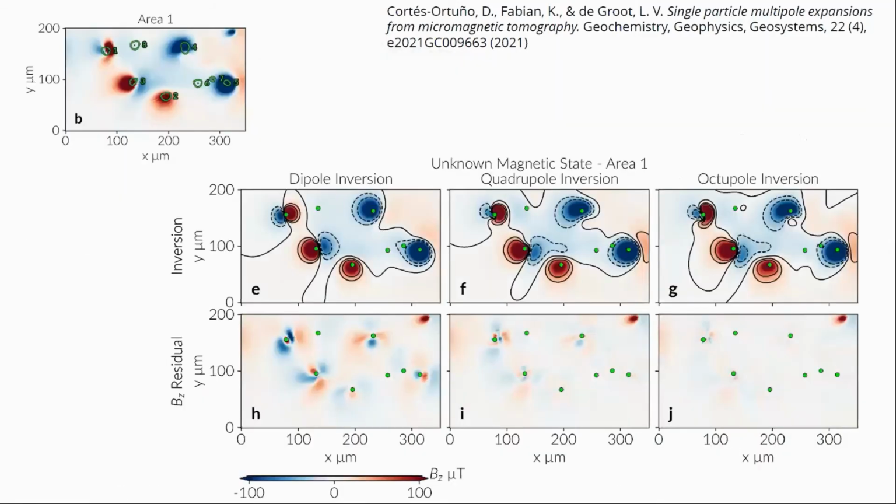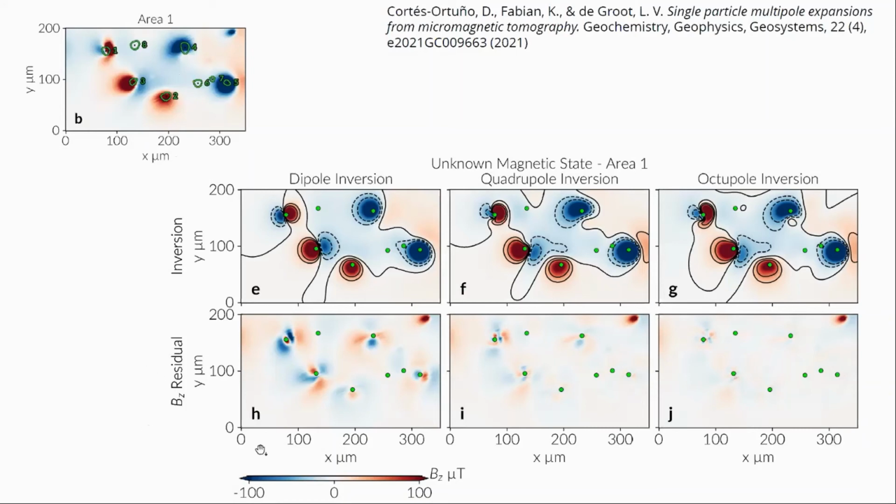For example, this model helps us to have a better description of the magnetic field. If you look at the top left, this is what the magnetometer experiment measures. How can we reproduce this with the inversion?